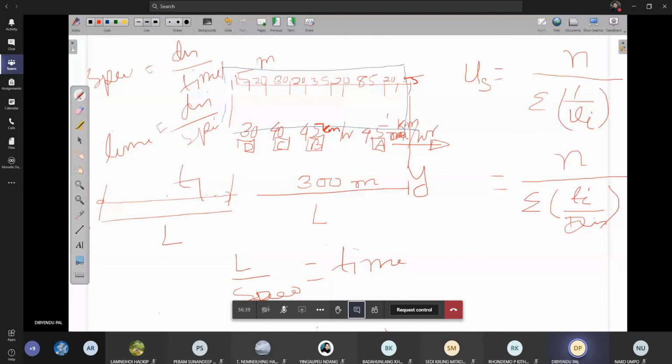If we know the speed and the distance, then I can find out how much time this vehicle has spent to cross this section, because I need to find the speed over a distance. So I can find out how much time vehicle A has taken to cross from X to Y. That will be the distance between XY divided by its speed. This gives me the time taken by vehicle A.